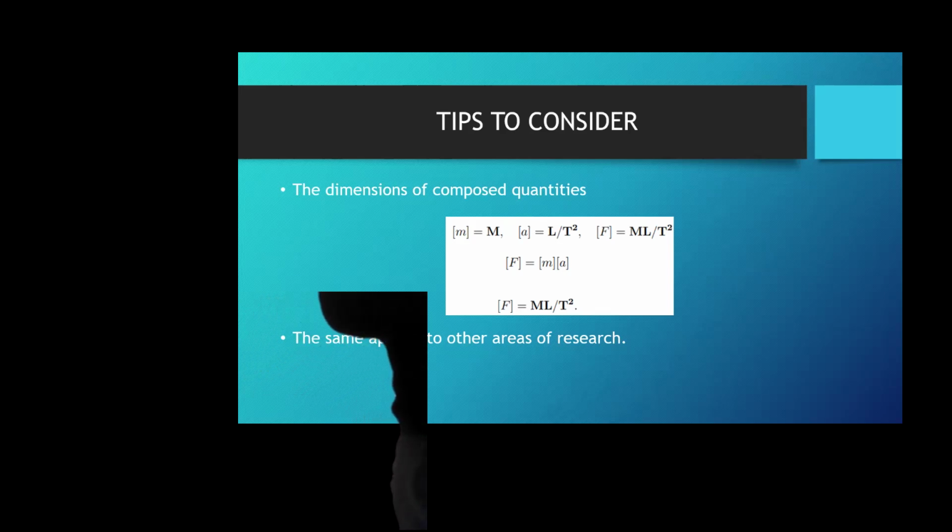Let's assume that you have the price squared. It will be 4 Macau Patacas squared, because I have to compose the units.